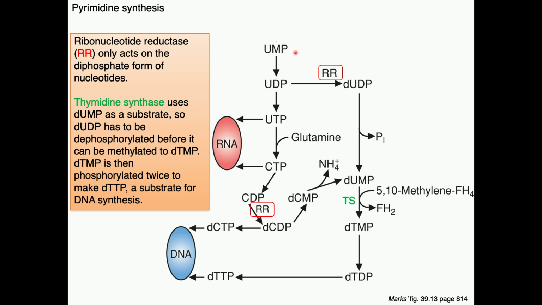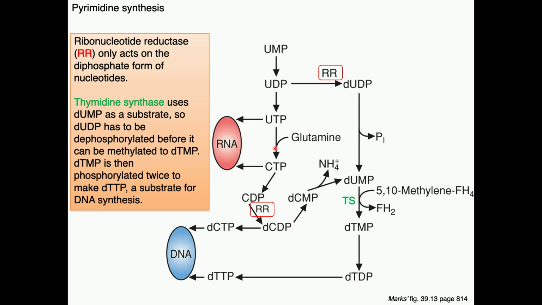So with RNA, uridine monophosphate can get phosphorylated twice, thrice to uridine triphosphate, and that then can be a substrate for RNA polymerase to incorporate into RNA. The uridine triphosphate can be aminated by using glutamine as a nitrogen donor to make the cytosine triphosphate. This then is ready to go into RNA.